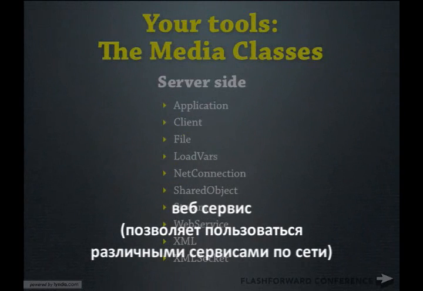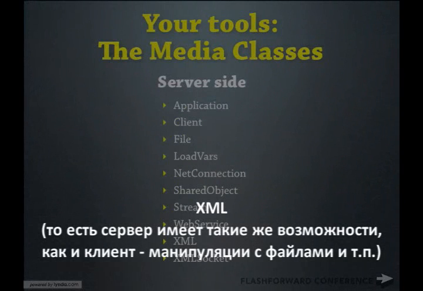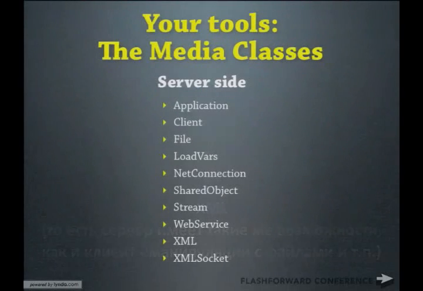Also new with FMS 2 is web service, and that allows you to connect to web services and bring that data in. The XML class is similar to the XML class on the client side, where you can load and send and do all the data manipulation you can do with XML. You can do it on the server side as well.